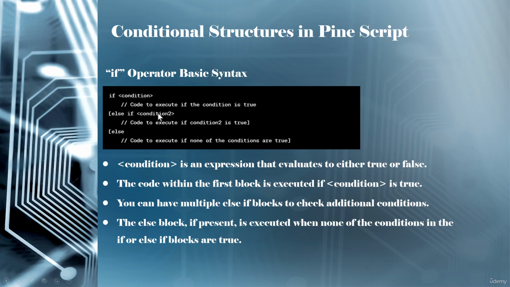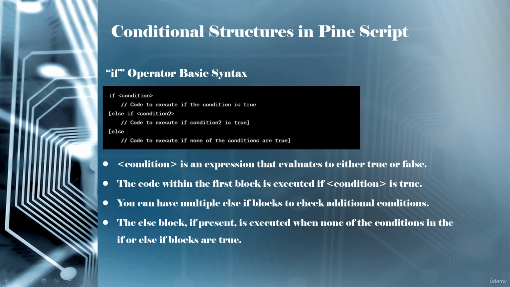In this case, for example, condition 2. And then if this condition 2 is false, then it goes to the next else if and checks if it's true. If neither else if is true, then the statement under the else statement is executed. So, sequential execution: the code within the block associated with the first true condition is executed.